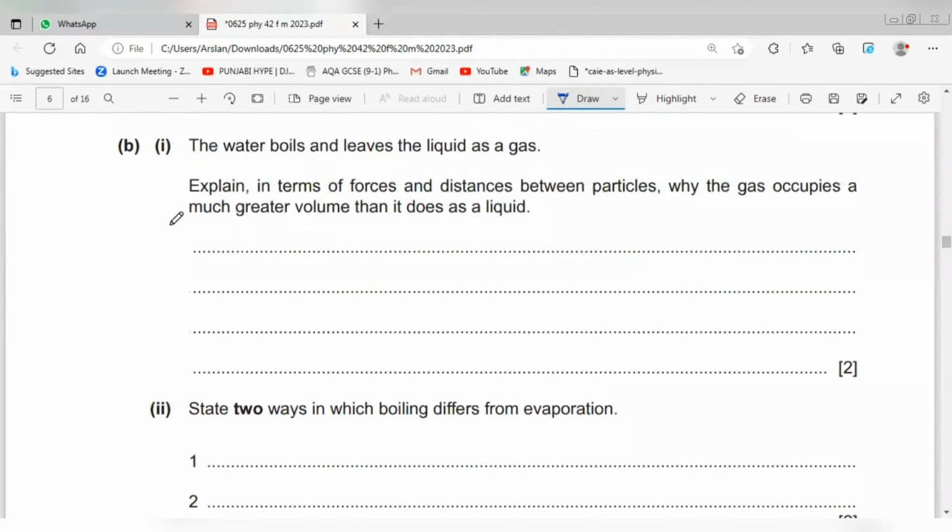Part B, the water boils and leaves the liquid as a gas. Explain in terms of forces and the distance between particles why a gas occupies a much greater volume than a liquid. So first of all, in gases, intermolecular forces are much weaker than in liquids.